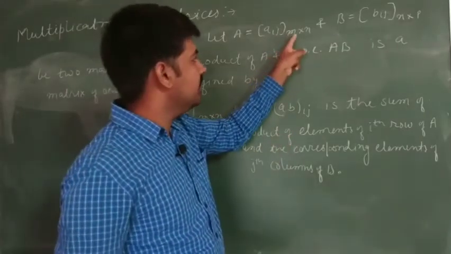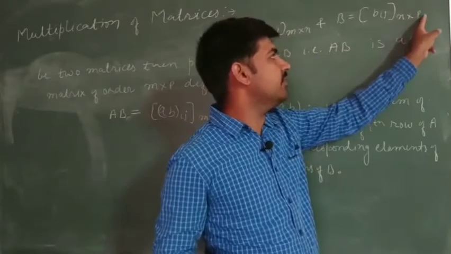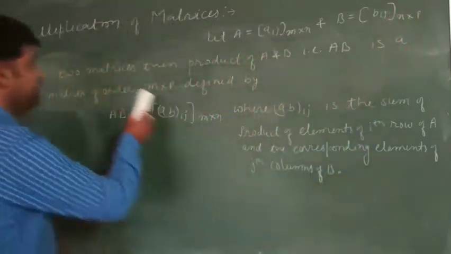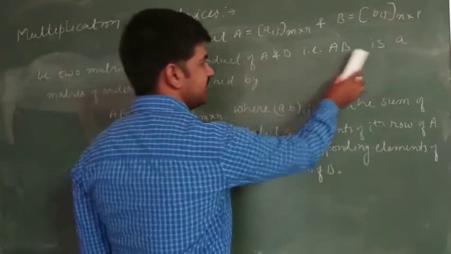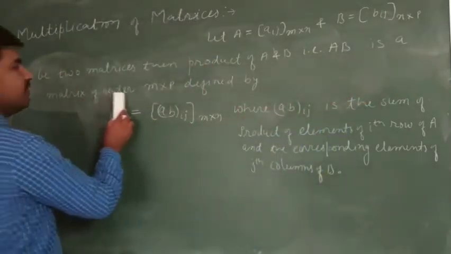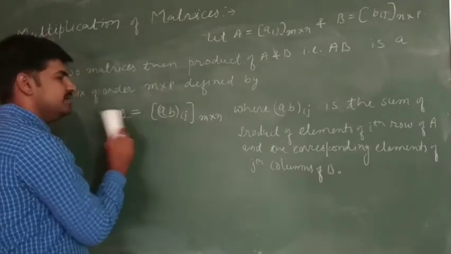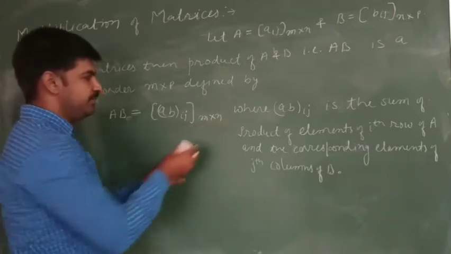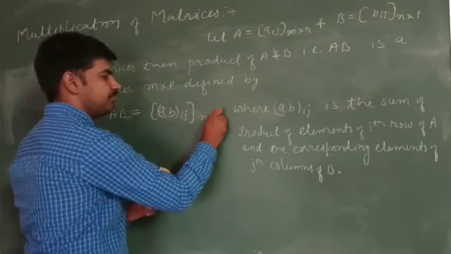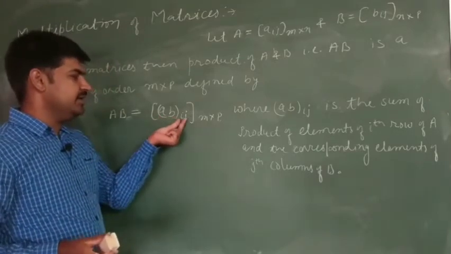Of order the number of rows in the first matrix by the number of columns in the second matrix. So that is what I have written here. Then the product of A and B, that is AB, is a matrix of order m by p, defined by AB equal to a matrix of order m by p. It is actually p. And the elements I have written ABij.